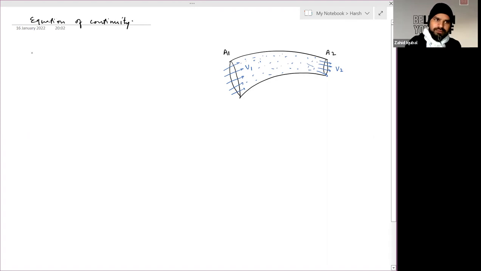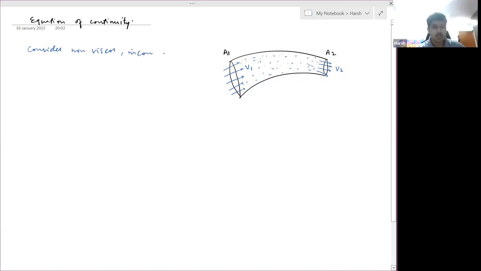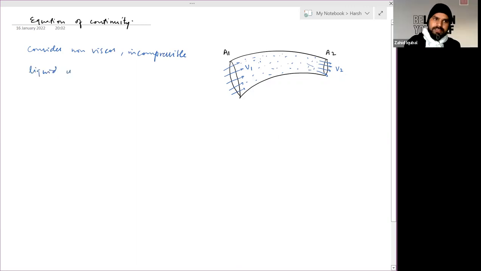So let me define how to solve. Consider non-viscous, incompressible liquid flowing in a tube of variable cross section.